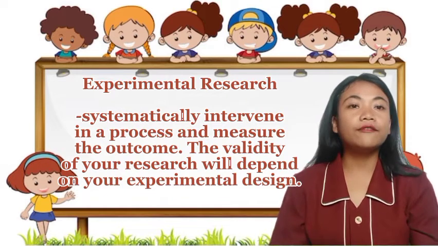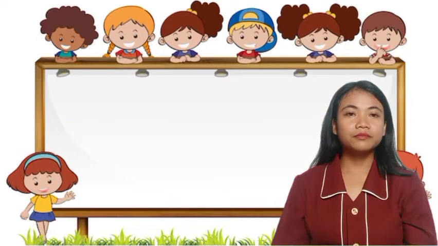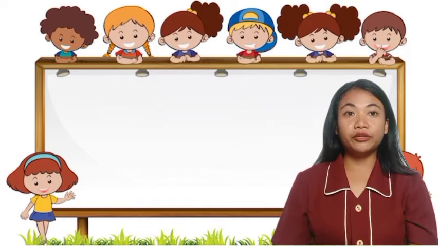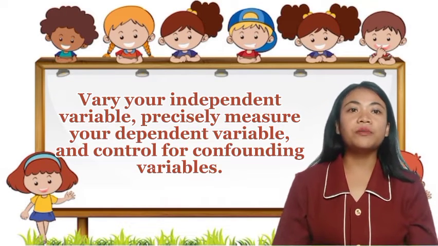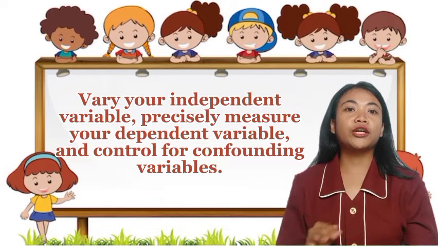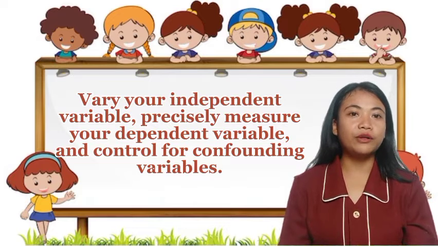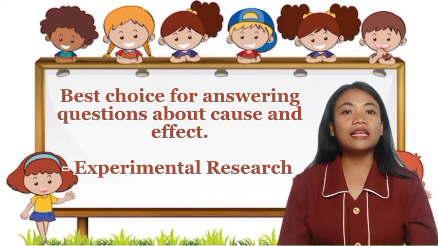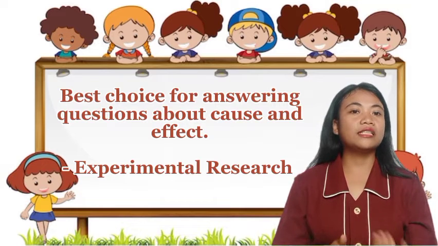The validity of your research will depend on your experimental design. To conduct an experiment, you need to be able to vary your independent variable, precisely measure your dependent variables, and control for confounding variables. If it is practically and ethically possible, this method is the best choice for answering questions about cause and effect.